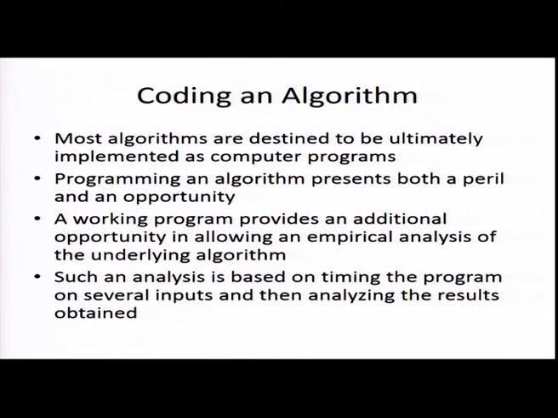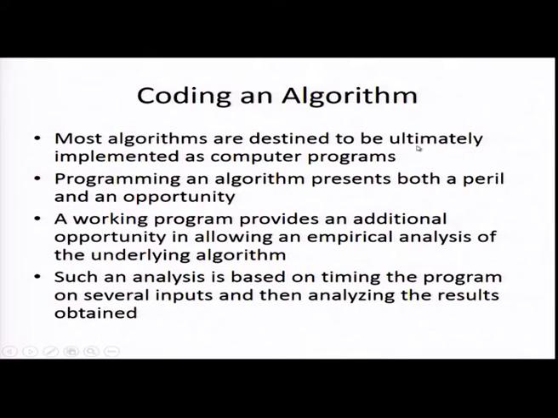We have formulated the algorithm by understanding the problem, designed it considering the computational devices, checked its correctness, and analyzed it. After analyzing the algorithm, we go in for coding of the algorithm.